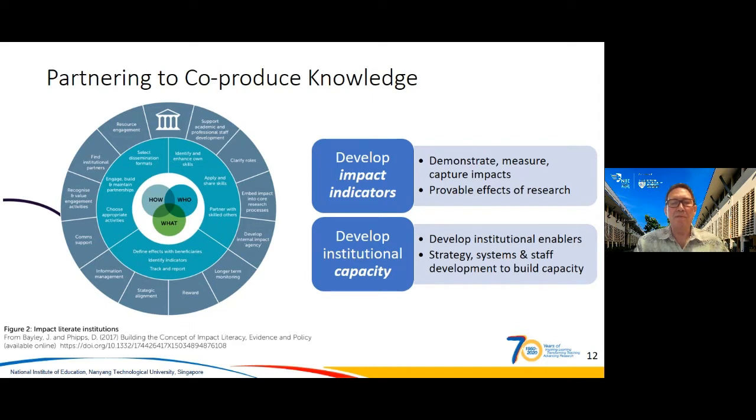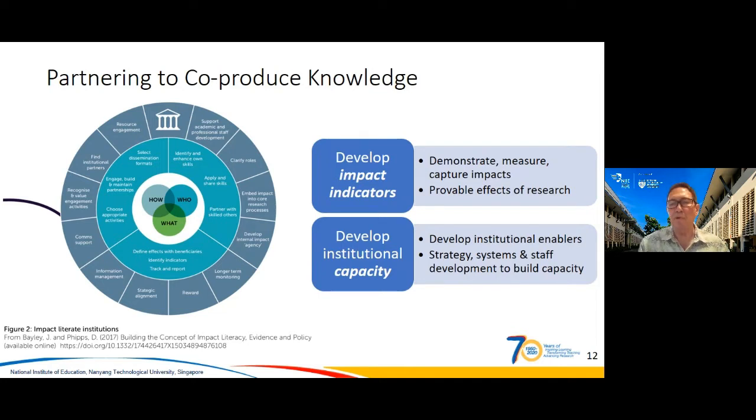And then as a final point, I think working towards developing institutional capacity. So really developing institutional enablers that value the kind of impact that we see in practice, for example, and the kinds of engagements that we're suggesting are important to co-produce knowledge.